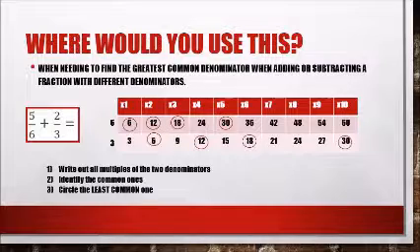Then, once you've written out all of the multiples of those two denominators, identify the common ones by circling them. And then circle the least common one, or smallest number, that is the same on both lists. With this example, you have found 6.